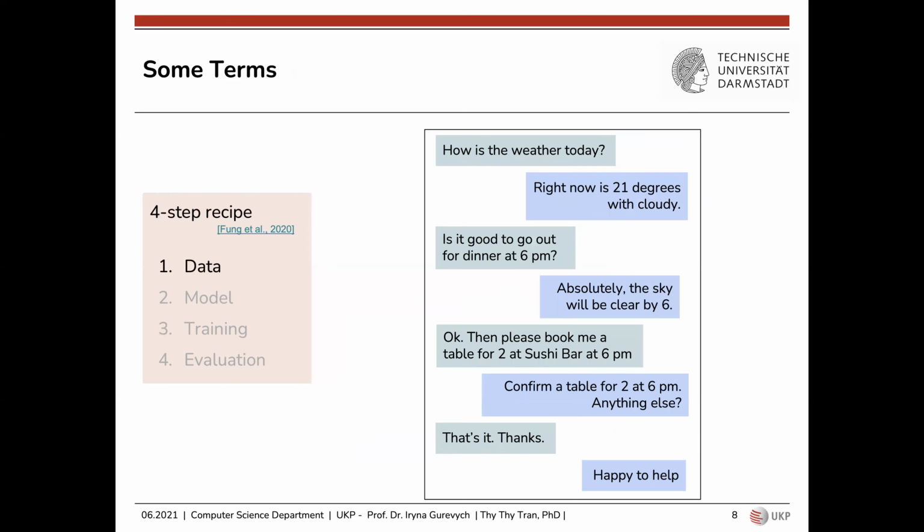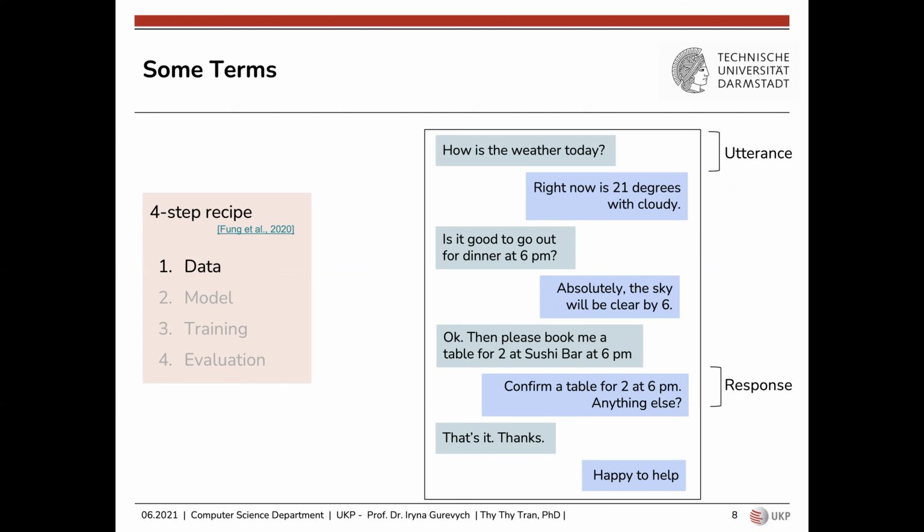Next, I will introduce some terms that are used in this field. Each gray box here is a user utterance. It could be a word, a phrase, a sentence, or a short text, as long as it's the input from the user in one turn. A response is denoted in blue here, which is generated by the system.